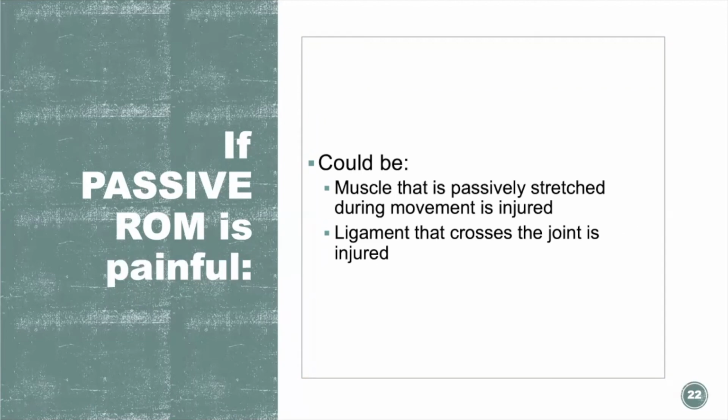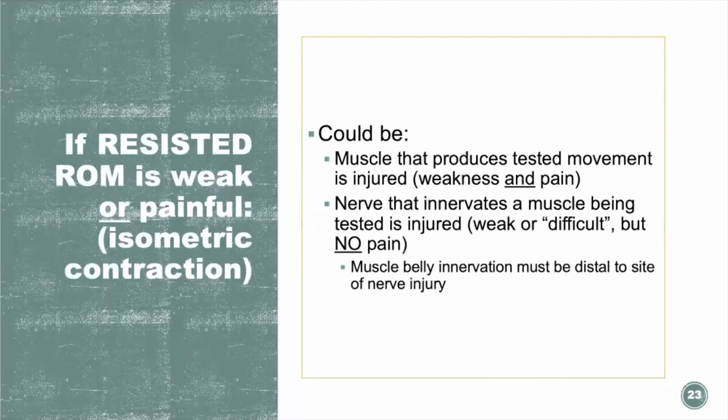So when it's going in the reverse direction of that concentric contraction, it could be painful. Or it could be a ligament that crosses that joint is injured, right? And we just talked about that in the previous example. For both active and passive, it would be painful. So that's if our passive range of motion is painful.